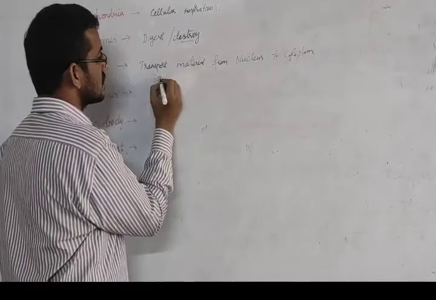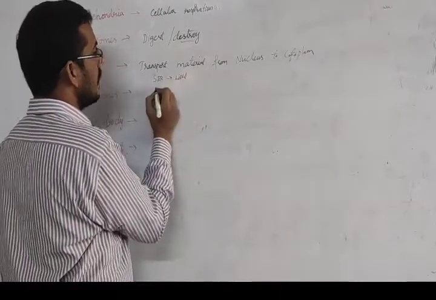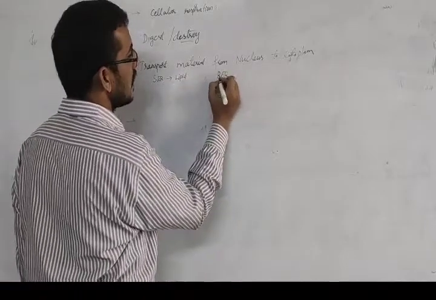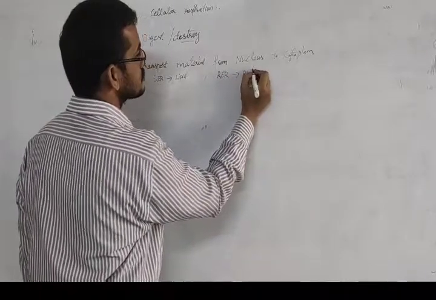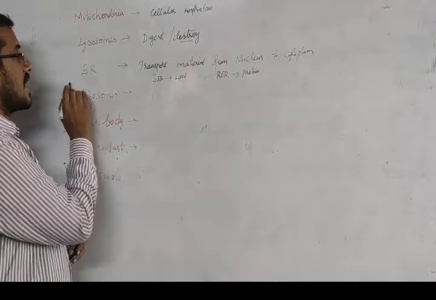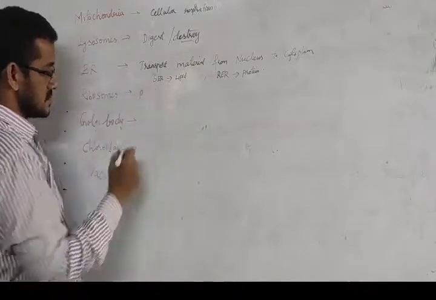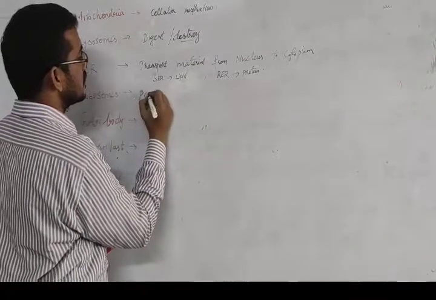Smooth endoplasmic reticulum helps in lipid synthesis, and rough endoplasmic reticulum, that is shortcut RER, helps in protein synthesis. This you should remember. Ribosomes, they are attached to endoplasmic reticulum and they help in protein synthesis.